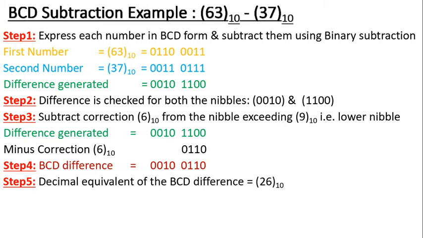Now the next BCD subtraction example, I want to take by using the complements of the BCD number system. Before I go to that slide, let me tell you that for subtraction in the binary number system, we have 1's complement and 2's complement.